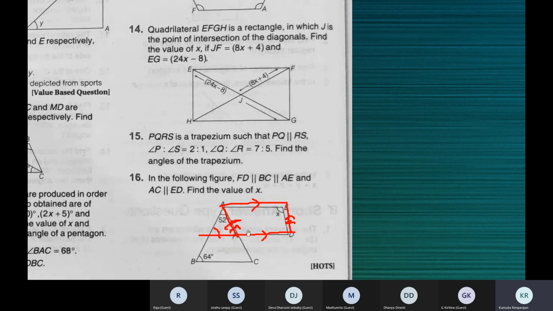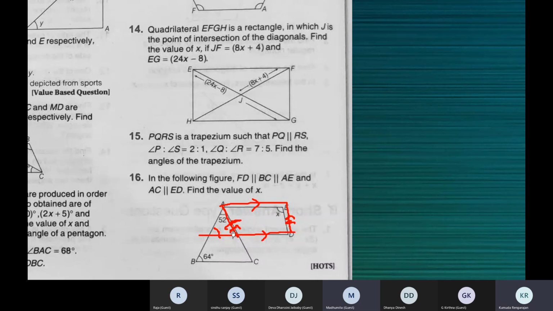So this is the exterior angle. What will be the measure of this exterior angle? It will be equal to 64 plus 52, because these are the two interior opposite angles. So this exterior angle is equal to 64 plus 52. That's 116, ma'am.